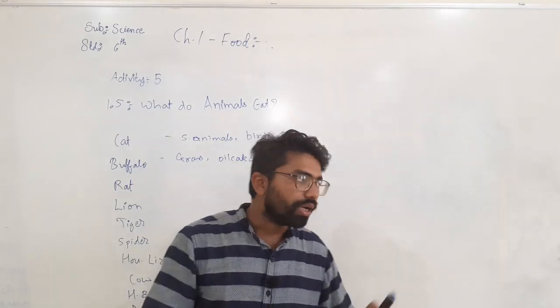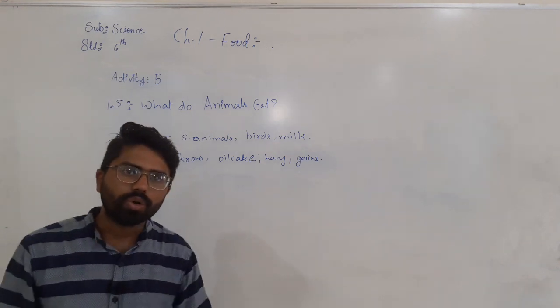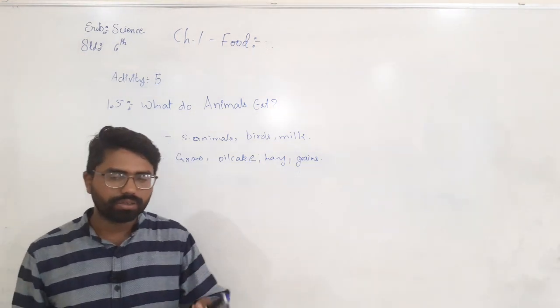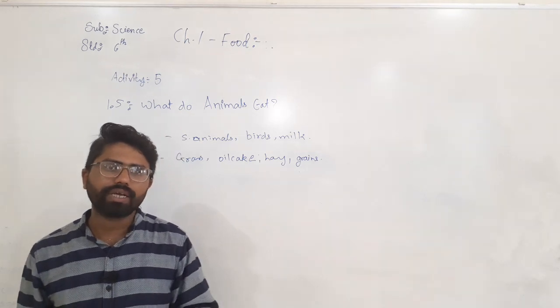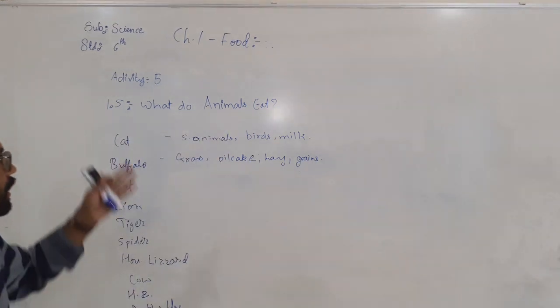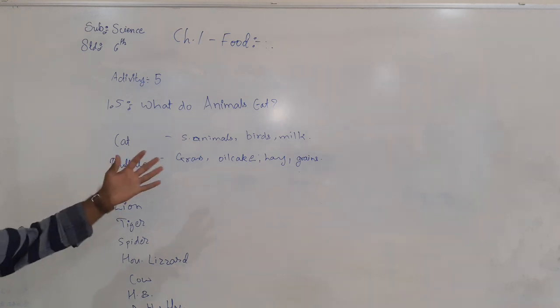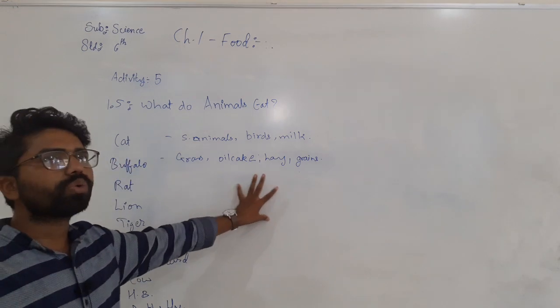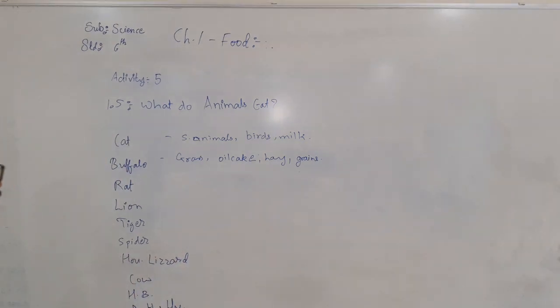After that, we can see that some pet animals are there at our home, and they have their different diets. In activity number 6, they have mentioned some animals and their diet. They have given examples of these animals and their diet. Cat.